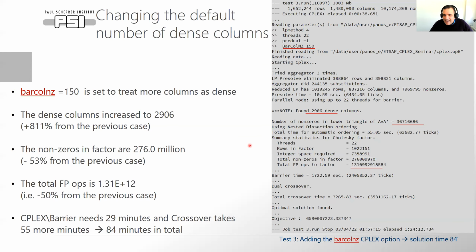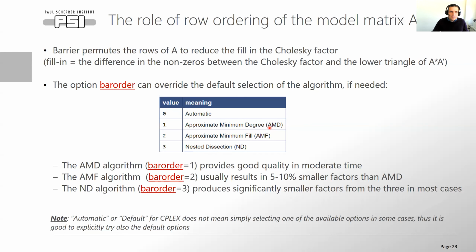If we go a little bit further on our log file, we see something else here: using nested dissection ordering. This is the ordering algorithm that barrier uses. What is the ordering? The barrier permutes the rows of constraint matrix A to reduce the fill-in in the Cholesky factor.